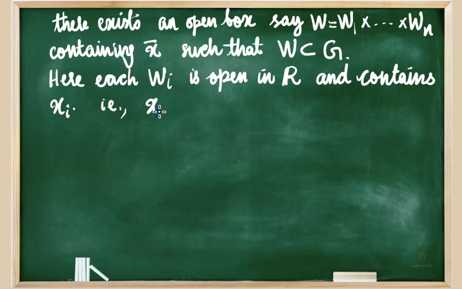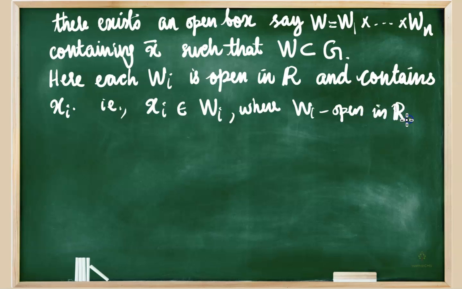Here we have the point xi belongs to Wi, where Wi is open in R with respect to the usual topology, and we know that with respect to the usual topology on R, the collection of all open intervals is a base for the usual topology.